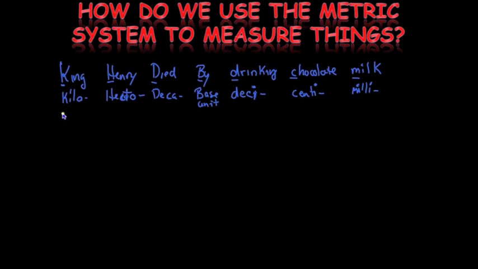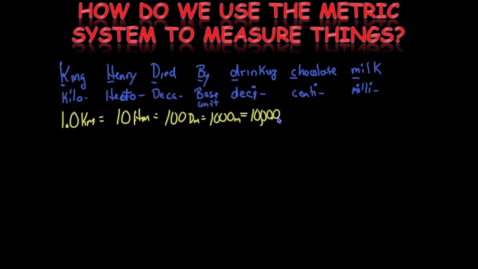For example, 1 kilometer equals 10 hectometers, which equals 100 decameters, which equals 1,000 meters, which equals 10,000 decimeters, which equals 100,000 centimeters, which equals 1,000,000 millimeters.